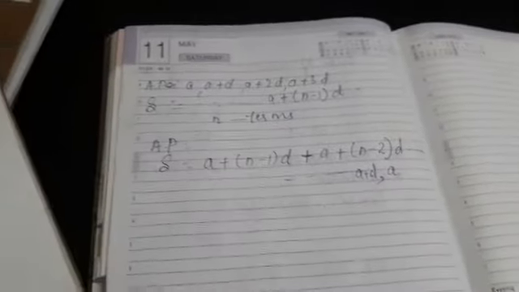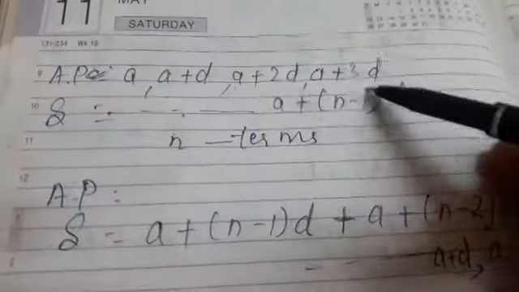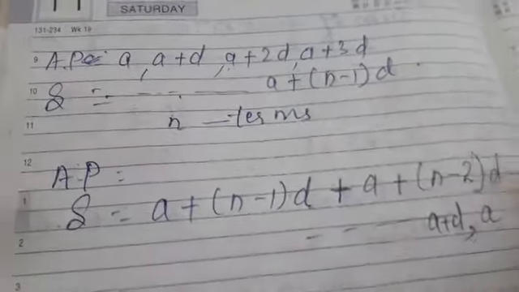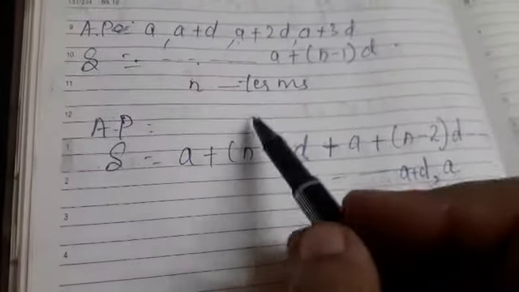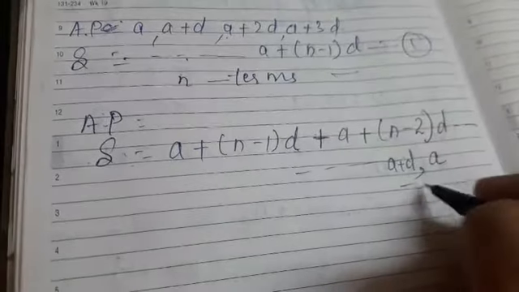Okay, so did you follow what I have done? We have written the series as we generally write the arithmetic progression, and then we reverse it. To find out the general formula for the sum of the given terms, we will add the two. This is the first and the second.